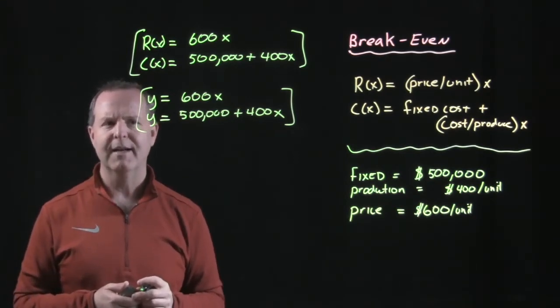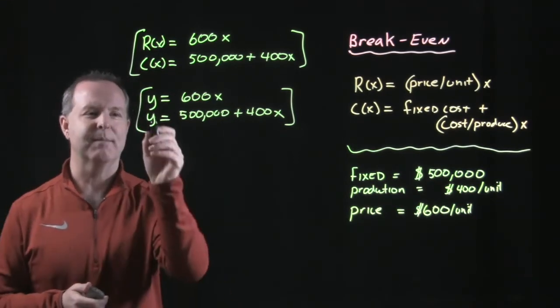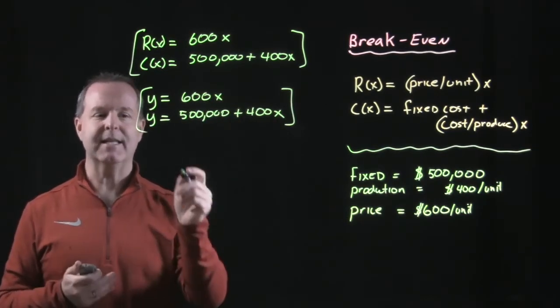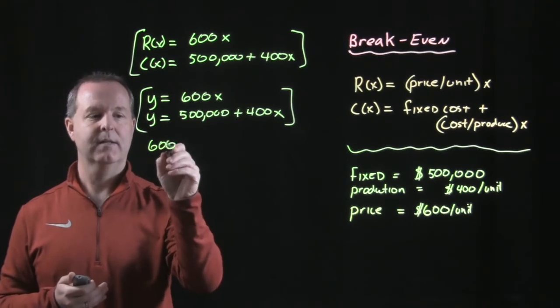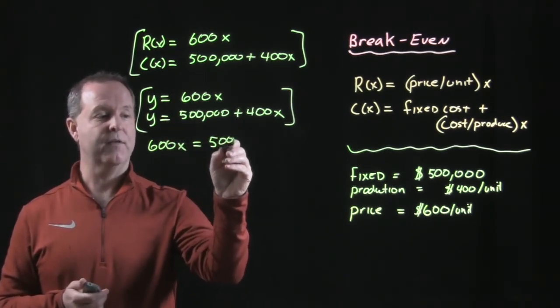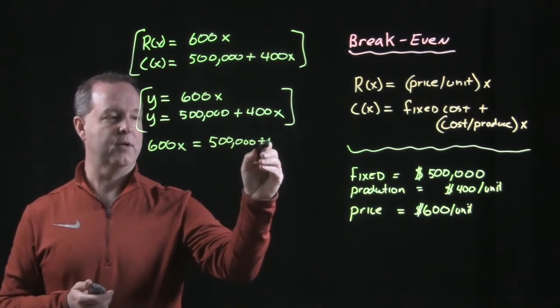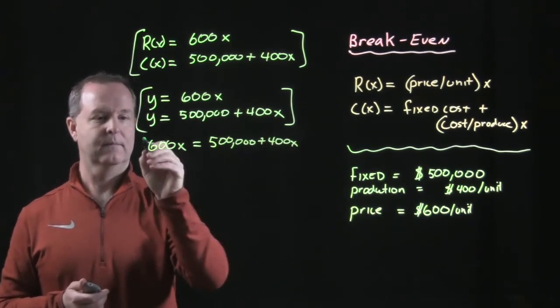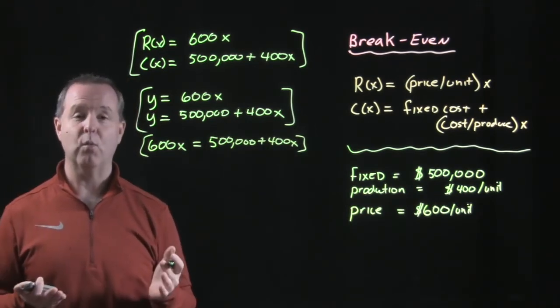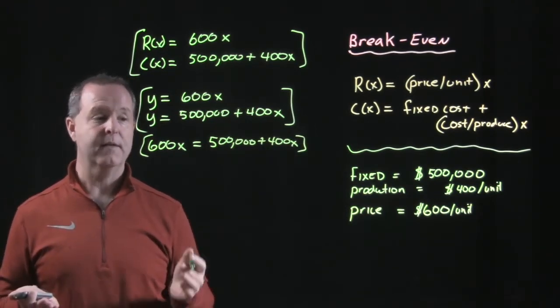In this particular one, I'm going to use substitution because I notice that both equations are already solved for y, which means that 600x, which is a y, equals the other y, which is 500,000 plus 400x. So there I have a one-variable equation where I'm able to solve.